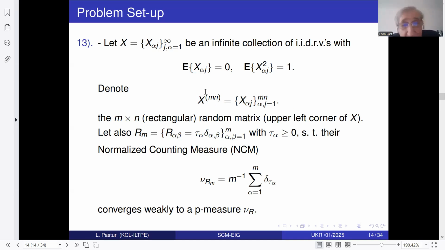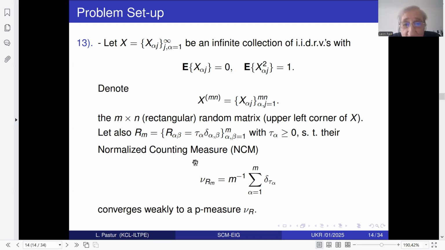This will be a part of the construction of the matrix which I am going to study. And one more matrix, just matrix R m, not random, real symmetric and diagonal. Its diagonal entries we call tau alpha. And since we assume that R m is positive definite, of course, the tau alpha are non-negative.